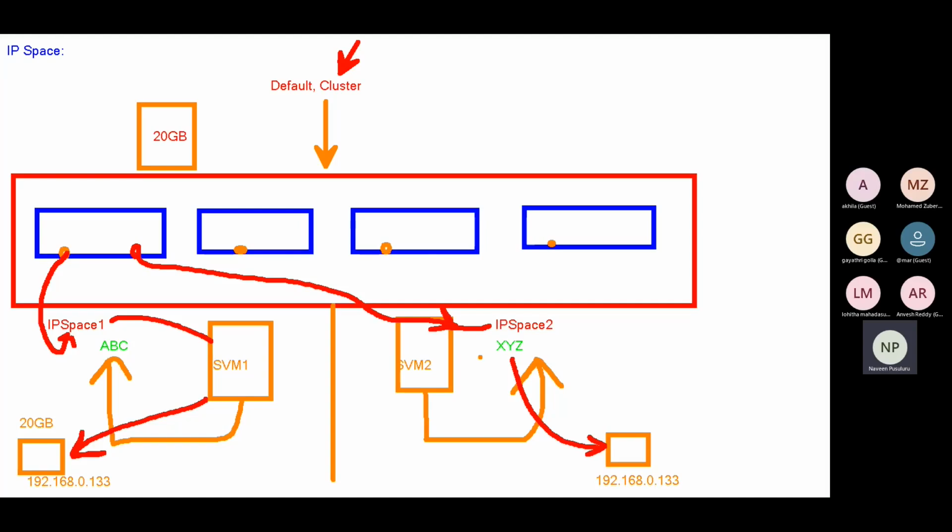We do not touch the cluster IP space. Everything else, whatever the V servers and LIFs, will fall into the default IP space if you are not using the IP space concept.